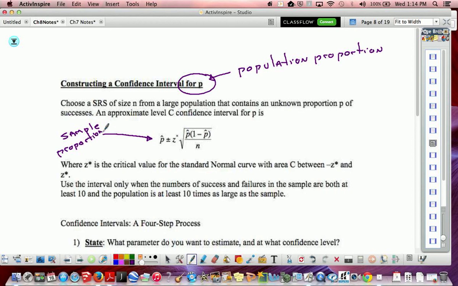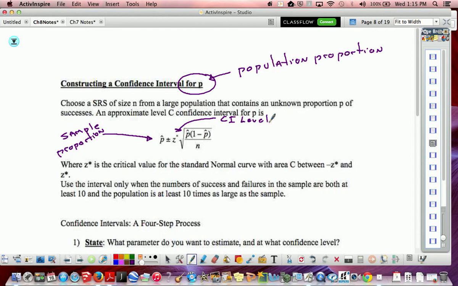We're going to use some sample that we went out and collected and create the confidence interval by going plus or minus our z star. Remember that z star is determined by the confidence level. Whether it's 90%, 95%, 99%, they all have different z star scores. Yesterday we were using inverse norm to help us find some of those.